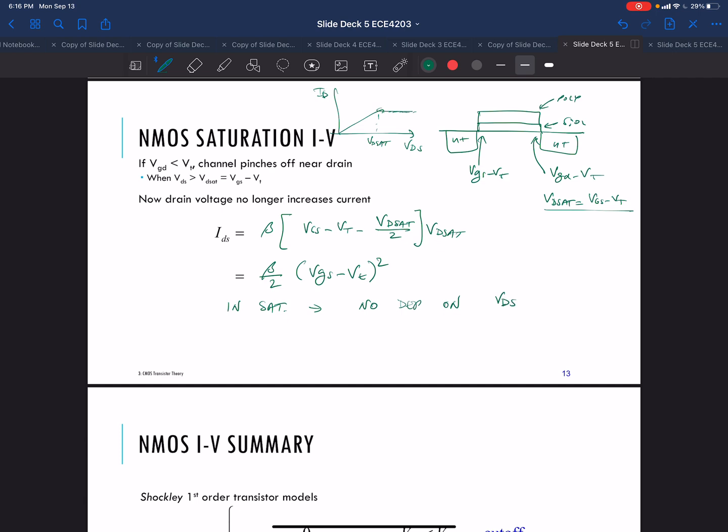Again, you get this flat curve like a current source. And the second thing: there's a VGS minus VT square law dependence. Let me just rewrite this: square law dependence on VGS minus VT.